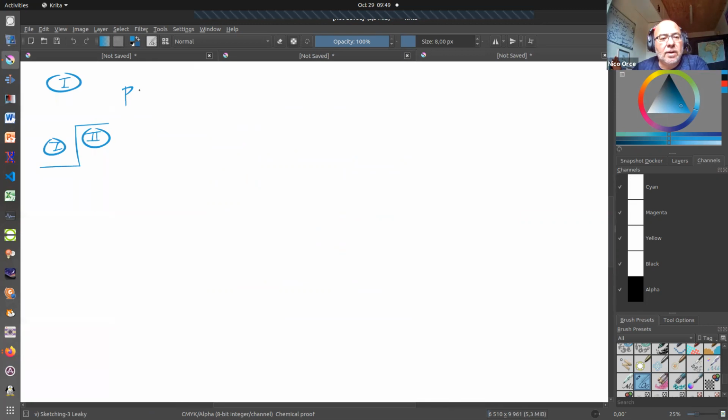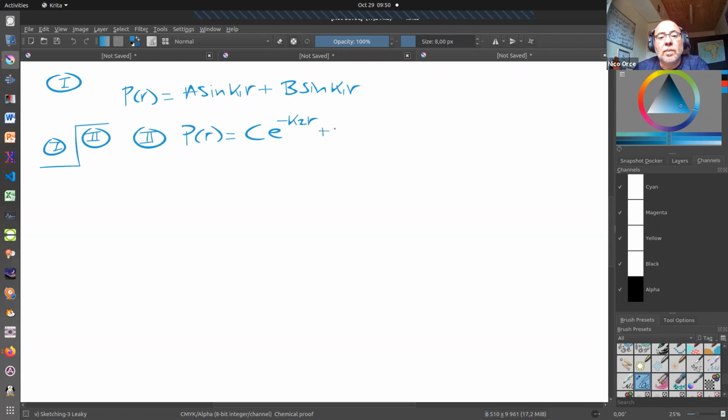P(r) will be A sine of k1r plus B sine of k1r, and in 2 we have that P(r) is equal to C e^(-K2r) plus D e^(K2r), right?